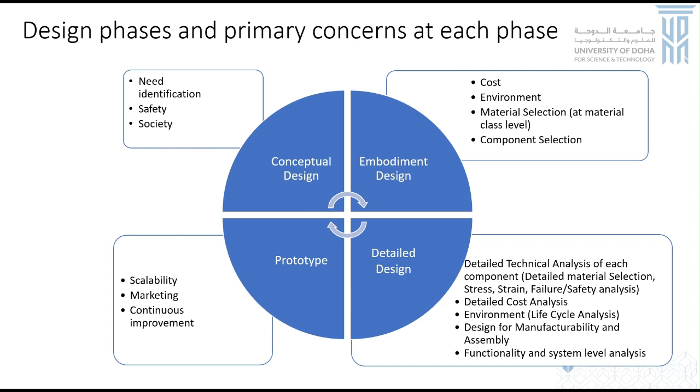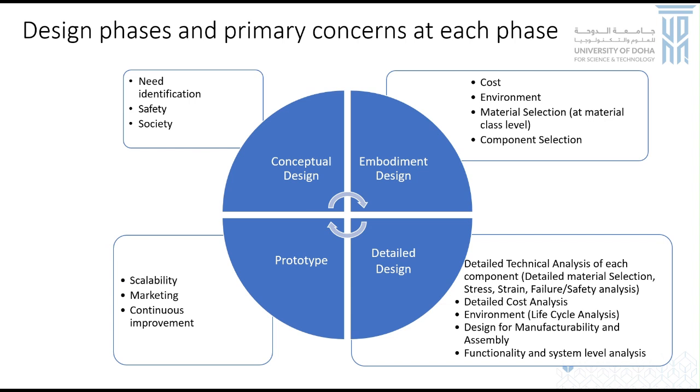But when you are at embodiment level, you have a number of variables that we can call free variables. So, for example, think about a simple component like an axial rod. When you apply a tensile load to it, by simply changing the diameter, you can alter the stresses.